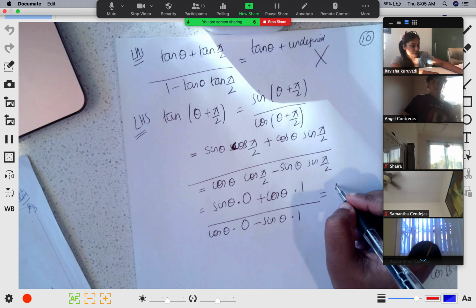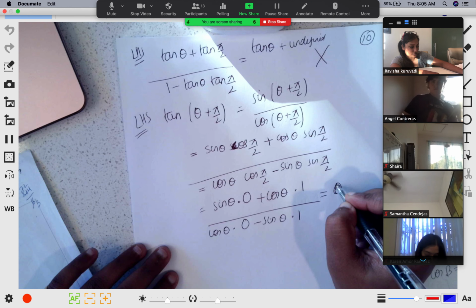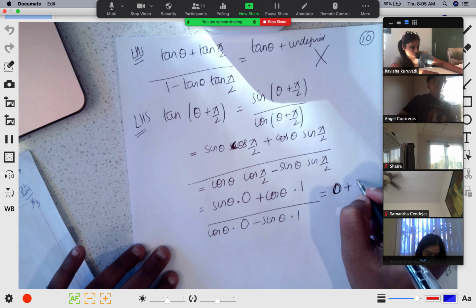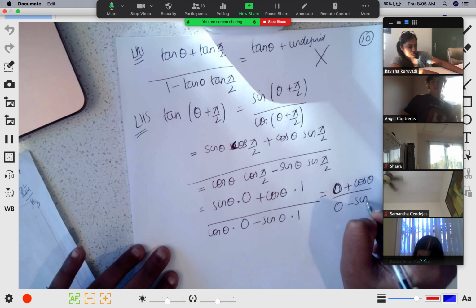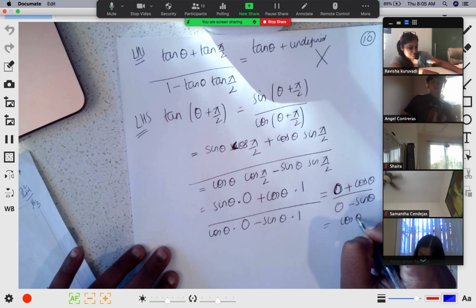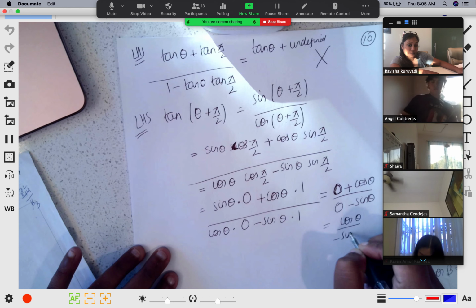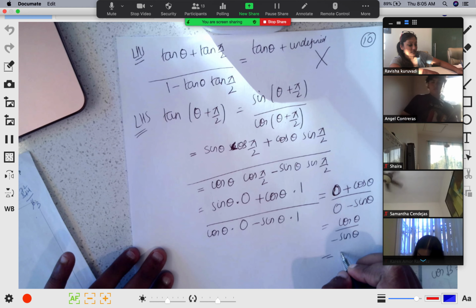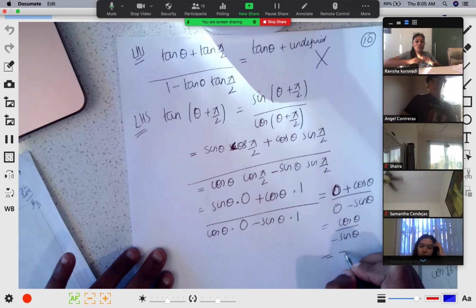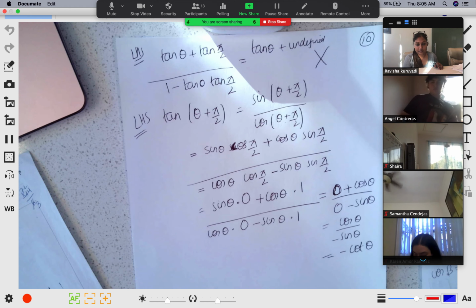Okay. What is sine theta plus 1? That's going to be sine theta. Okay, this time the 0 term becomes 0 and you're left with cosine theta over negative sine theta, which is equal to what? Tangent? No, cotangent. Negative of cotangent. Good.